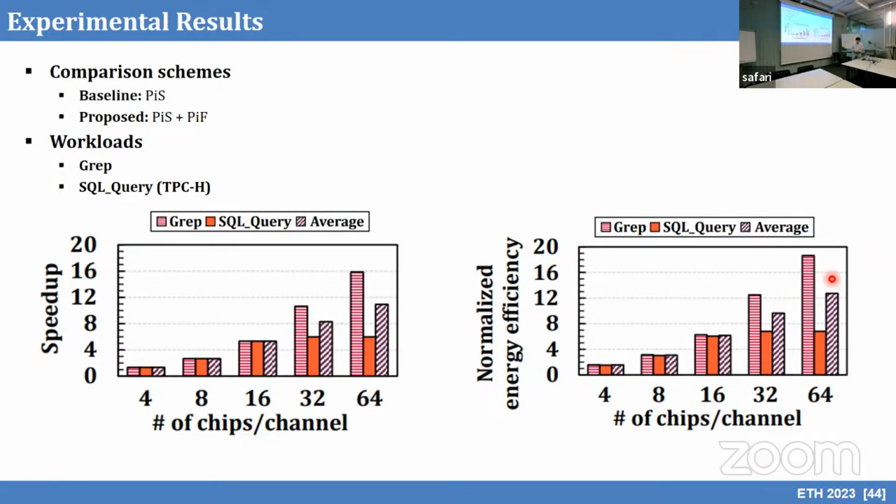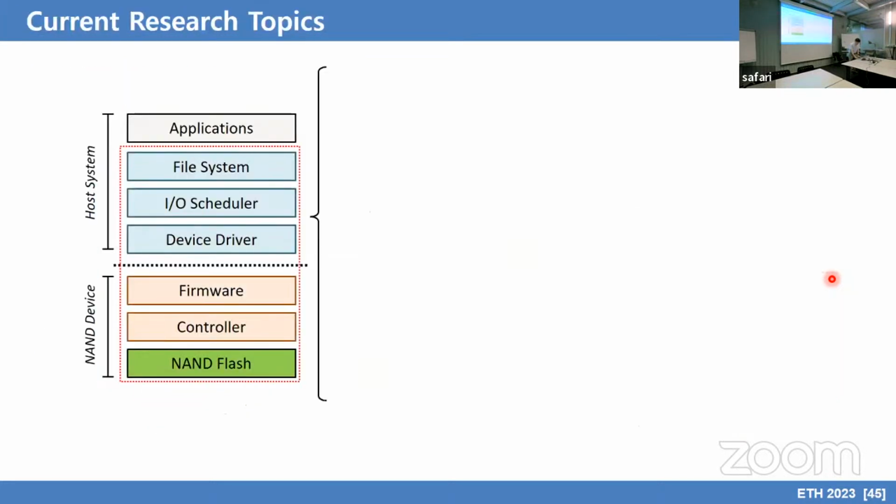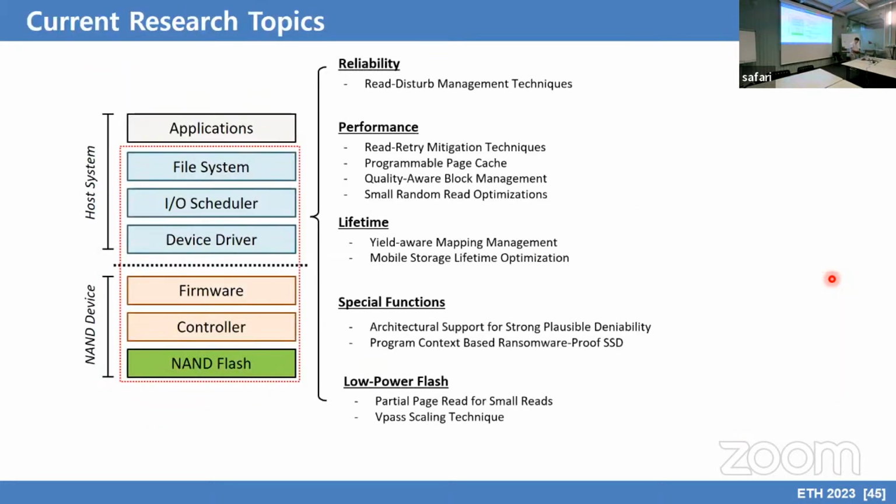Okay, so let me summarize my talk. In the beginning, I mentioned I'm working on most of the logical layers, from NAND flash to the host. This is some of our current work. In terms of reliability, we are working on read disturb management as a key topic, because this is a very important problem in modern large-capacity 3D flash memory.